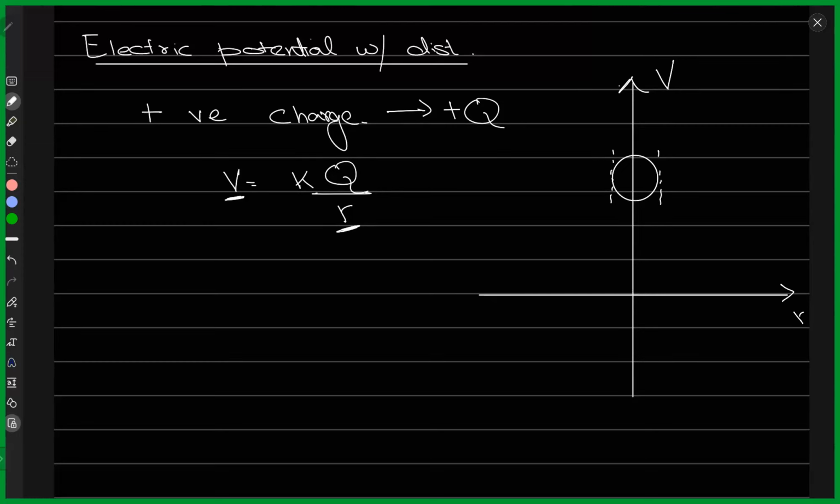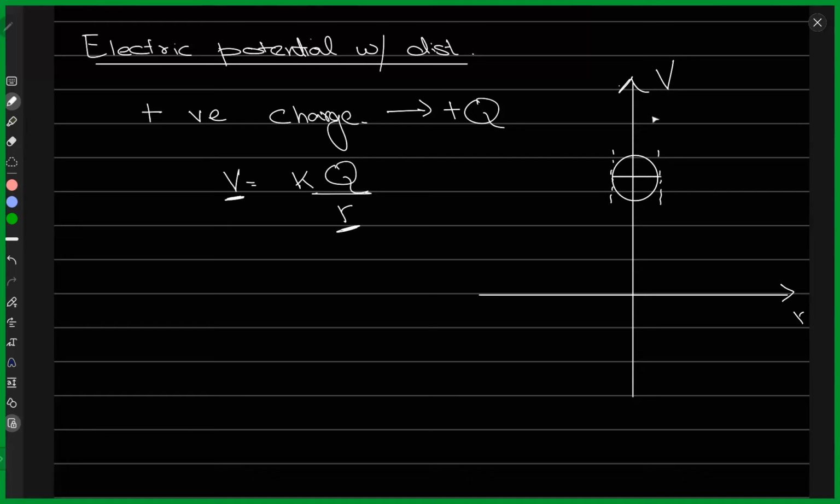Now, when we are inside this charge, the potential is maximum, right? So it's some constant value and it's maximum inside the charge.